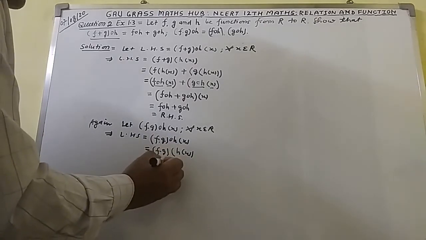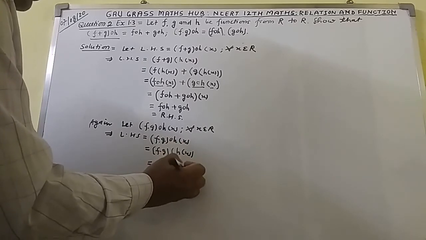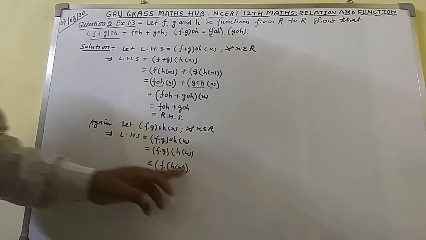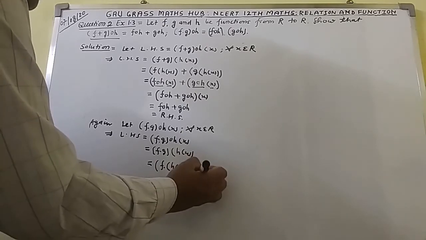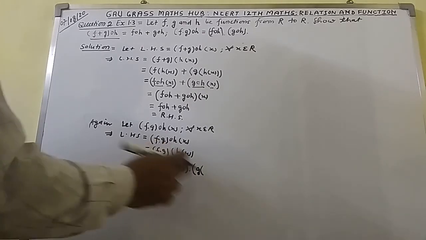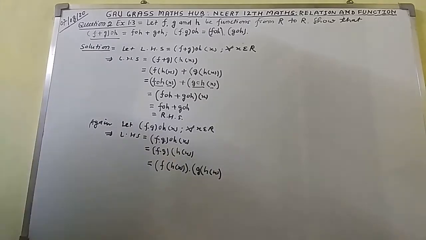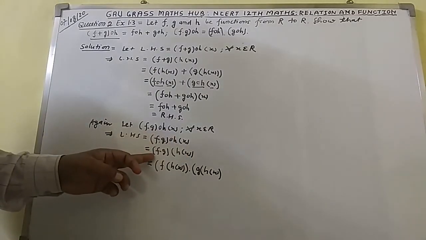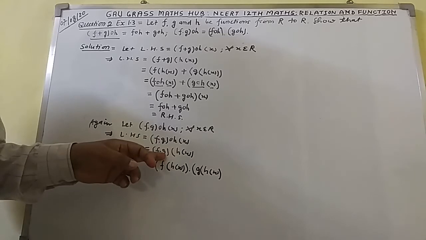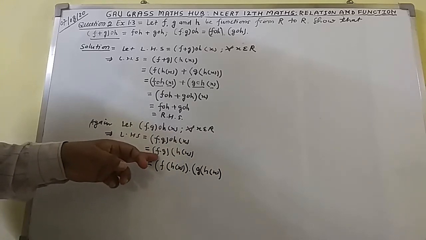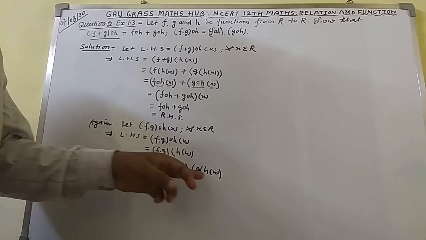So write f of h x, dot g of h x. I have related f to h x and g to h x.